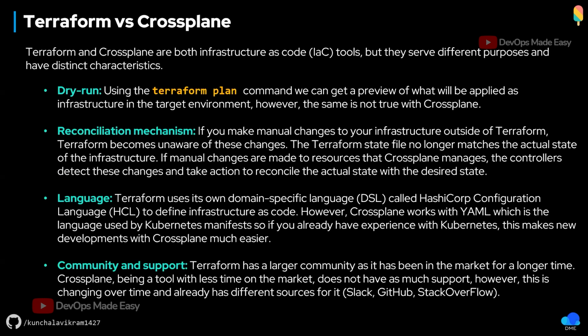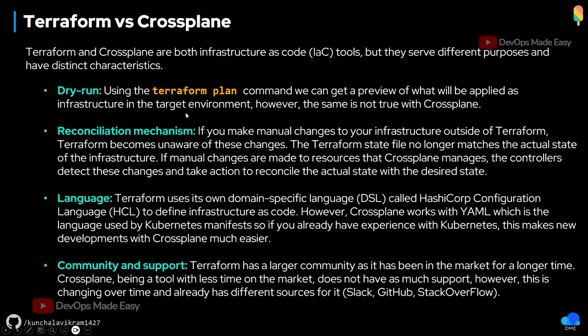And the second difference is reconciliation mechanism, which we already discussed. If someone makes changes outside of Terraform, these changes will not be known by your Terraform. But in case of Crossplane, if someone changes anything outside Crossplane, Crossplane automatically modifies that resource due to state reconciliation. Language.